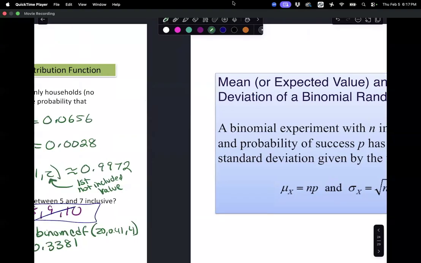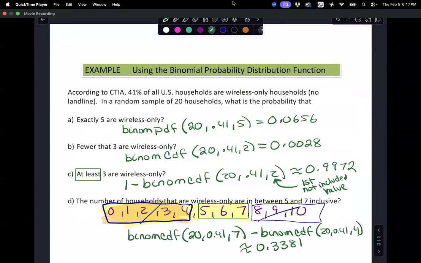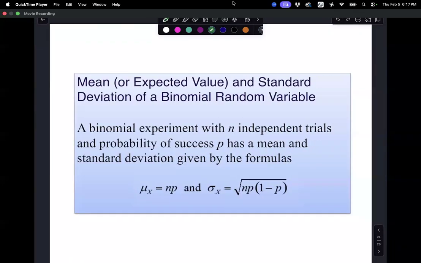So if my probability back here is less than 5%, then it is considered unusual. So we still are going to keep that rule of thumb, but we also have the standard deviation. The two standard deviation rule still applies.